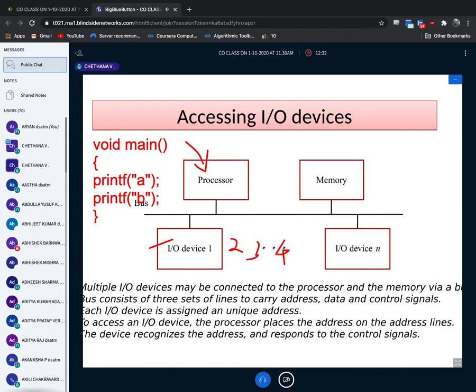I'll write it one more time. Yes, you're able to see that? I will go to the monitor and display A. First, the processor should go to the monitor and it will display.